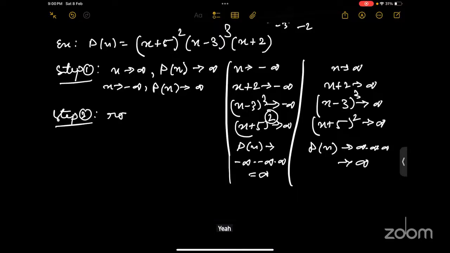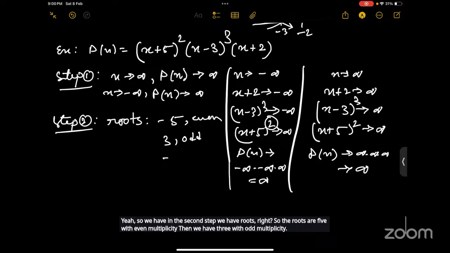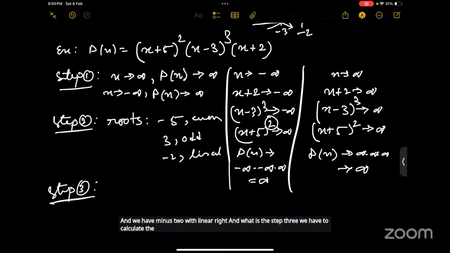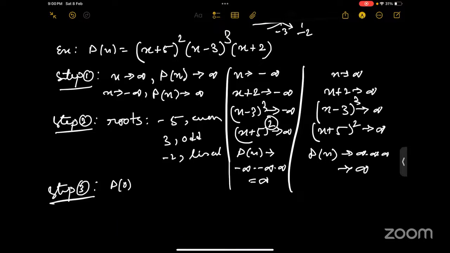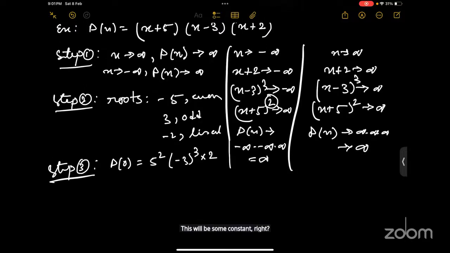So in the second step, we have the roots, right? The roots are -5 with even multiplicity, then 3 with odd multiplicity, and -2 with linear multiplicity. And what is step 3? We have to calculate the y-intercept. What is the y-intercept? It will be some constant: 27 into 2 is 54, into 25.